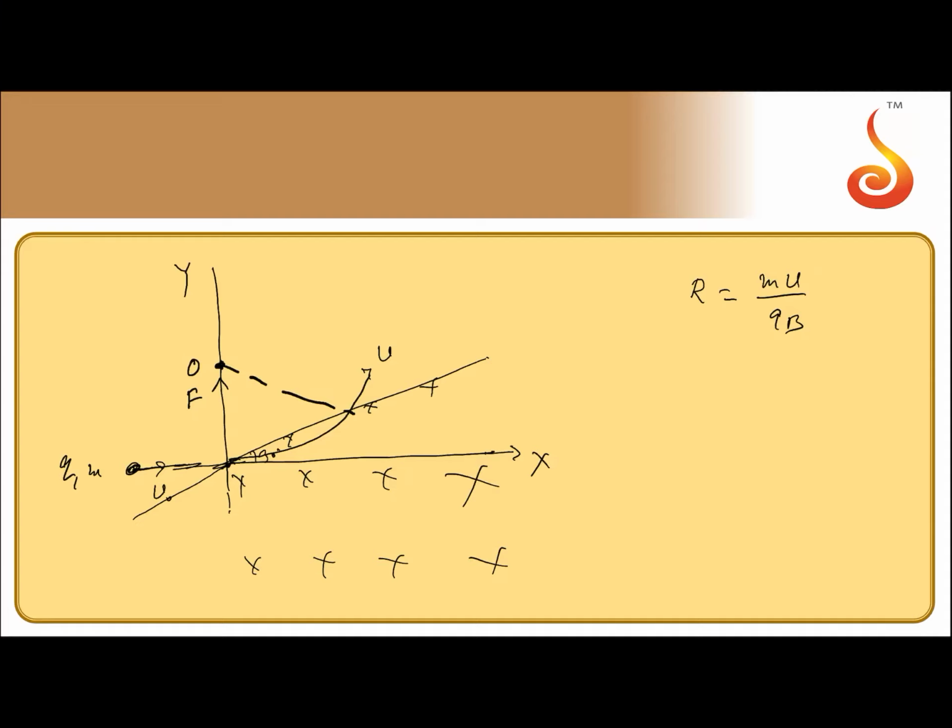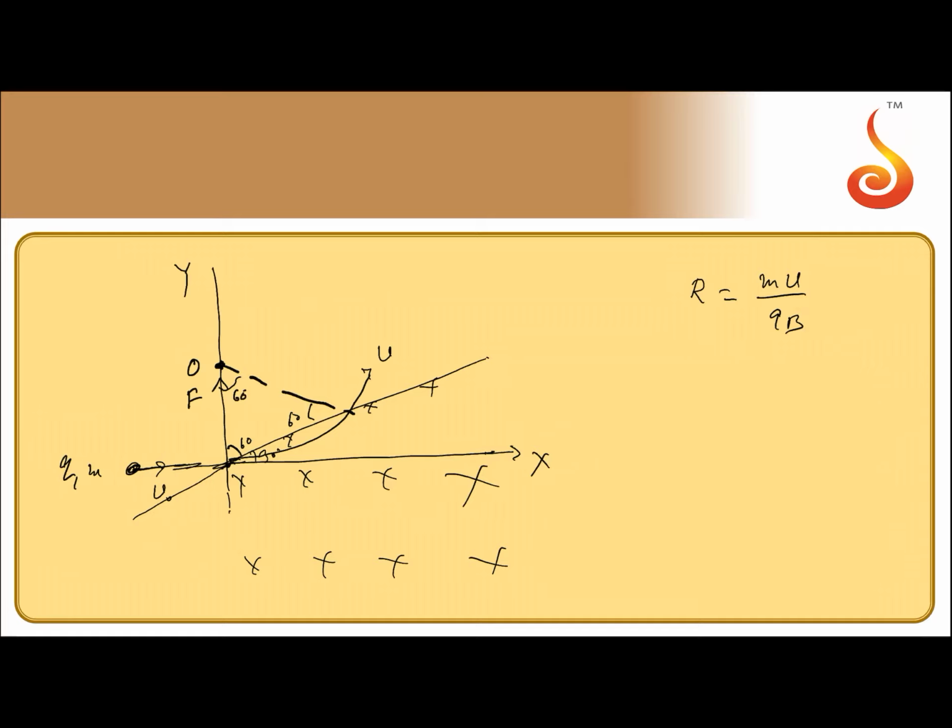We can see that this angle and this angle will be equal, and this is 30, so this is 60, so this also becomes 60. That is, the circular arc is subtending an angle of 60 degrees at its own center. To know the final velocity: the speed has not changed, since magnetic force cannot change it, but the velocity will change because direction has changed.